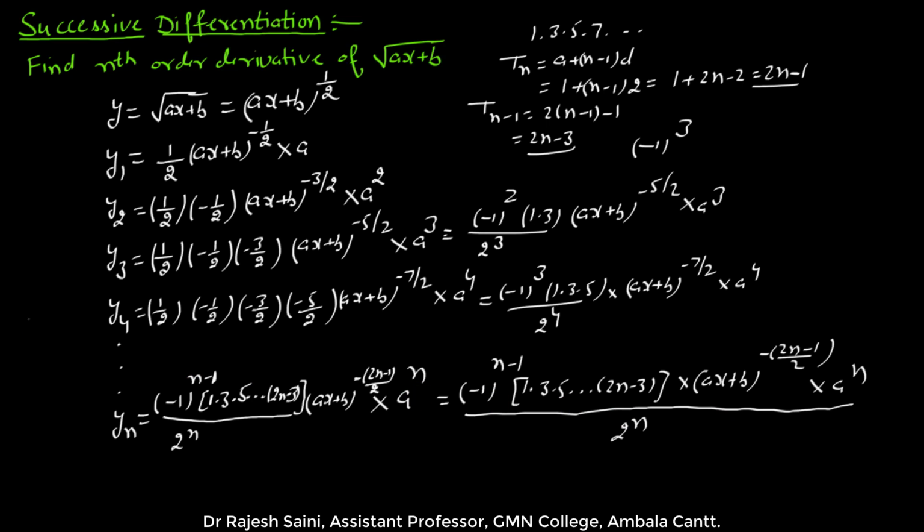So this is the nth order derivative of y is equal to root ax plus b. And this question is important from the examination point of view, and you should thoroughly go through this question.